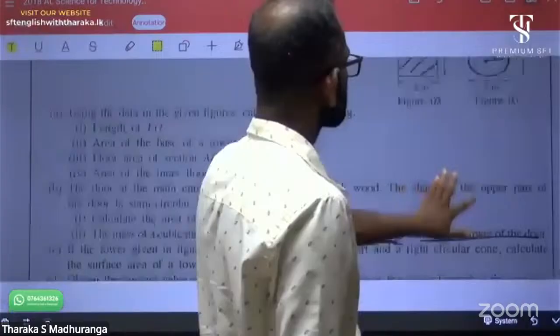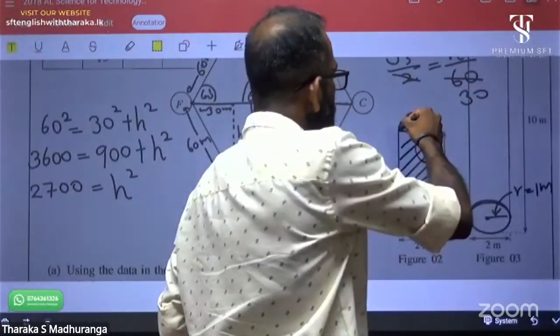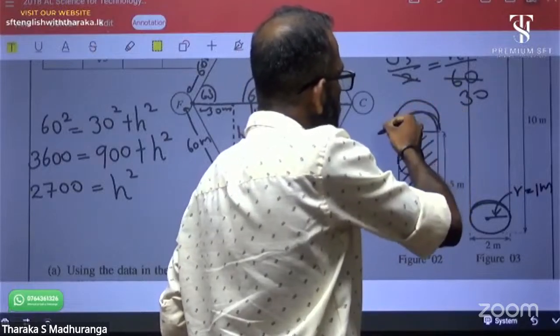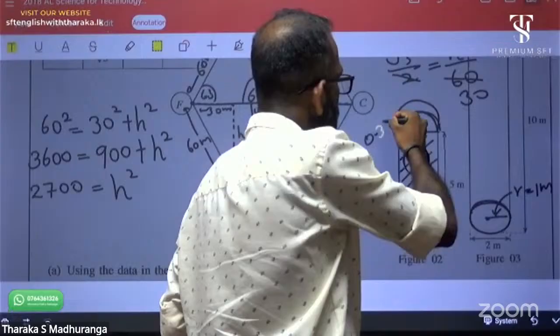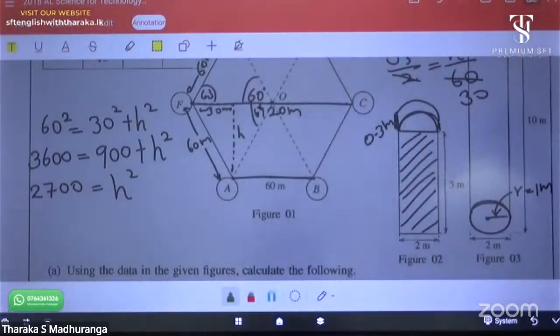This is the shape of the door. It is 30 centimeter or 0.3 meter thickness. Then you can get the volume. It's a uniform cross section object, right?